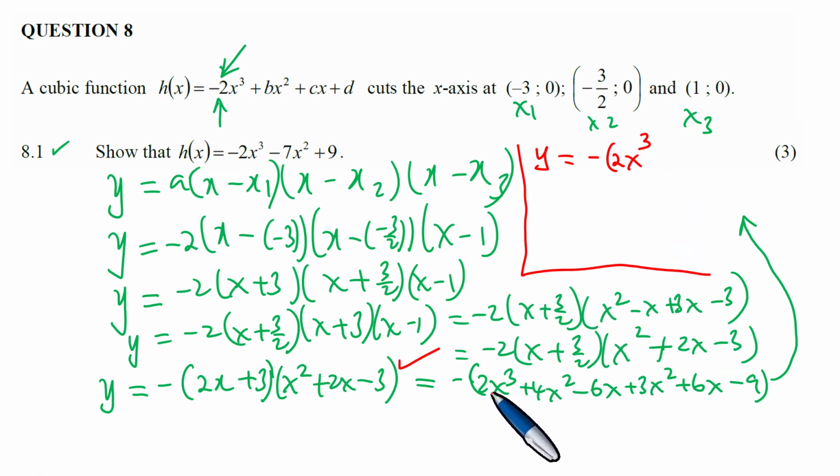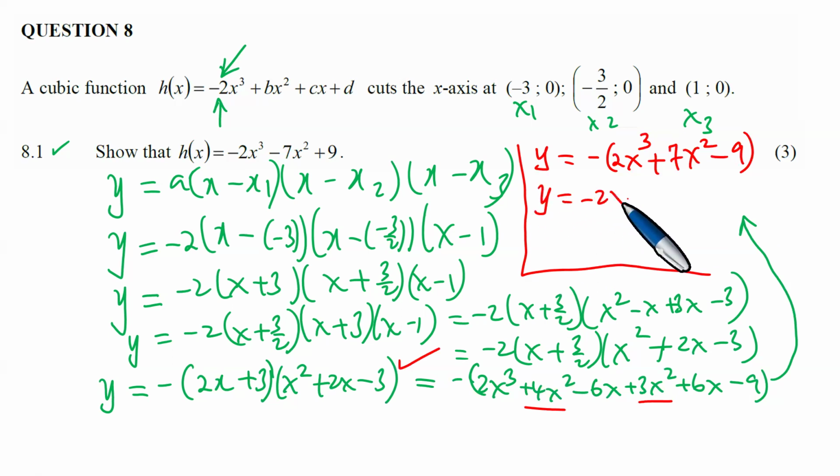Right, so you have 2x cubed here, and you have here 4x squared and 3x squared, and 4x squared and 3x squared together give us exactly 7x squared, giving us a 7x squared here. Next, right, we have the minus 9 here that sits at the end.